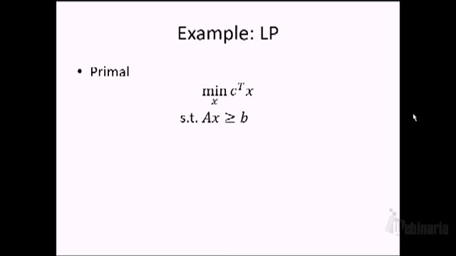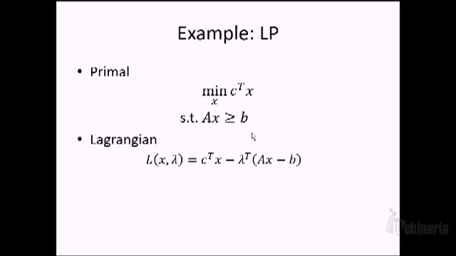So the primal problem for LP is minimizing a linear function in x, c transpose x, subject to a set of constraints that can be written in matrix form: Ax is greater than or equal to b, where this greater than or equal means pointwise greater than or equal. That means each coordinate of this vector has to be greater than or equal to the corresponding coordinate of this vector.